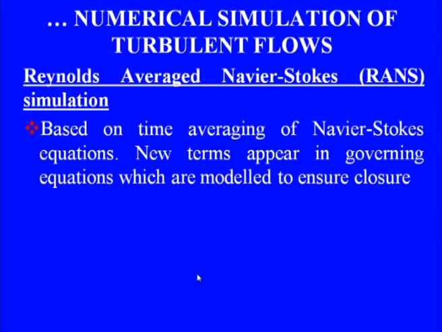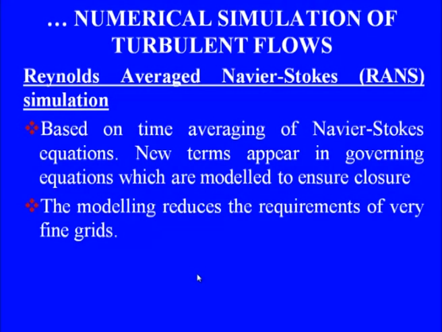Reynolds average simulation: here we would later on see a time averaging procedure. We will not solve the Navier-Stokes equation per se, but we are going to solve what we call averaged equations. There are new terms which appear in the governing equations, which are modeled to ensure closure. That is why we saw in the previous diagram that there is a lot of modeling, of all the eddy scales, and the modeling reduces the requirements of fine grids.